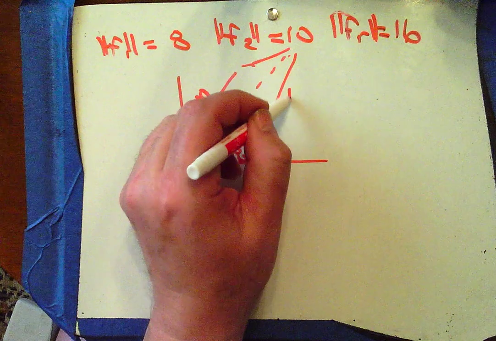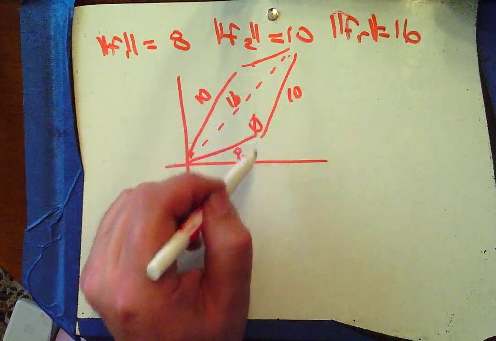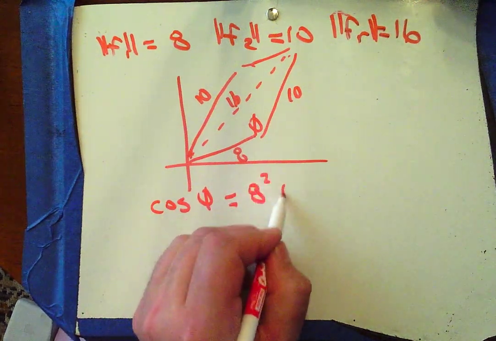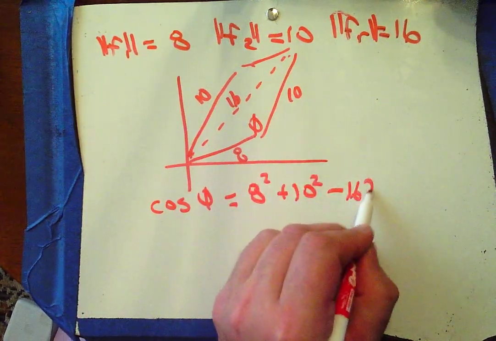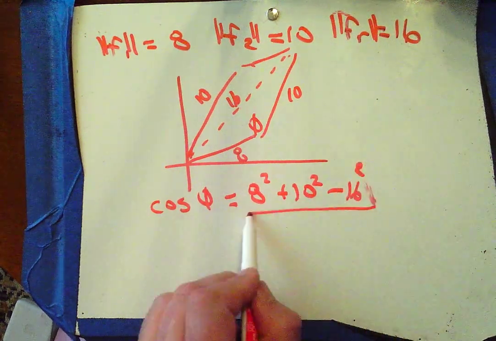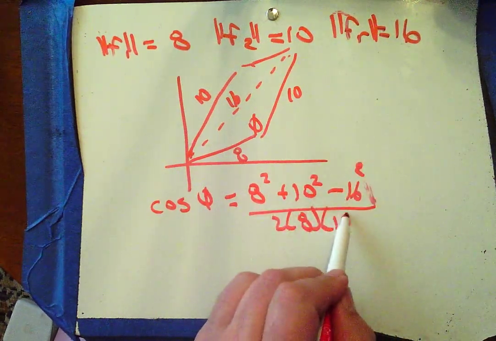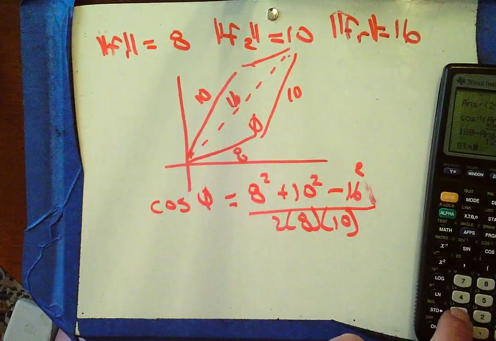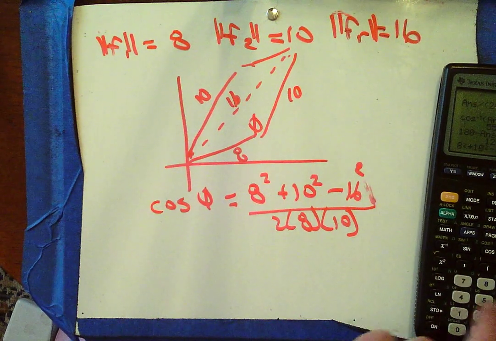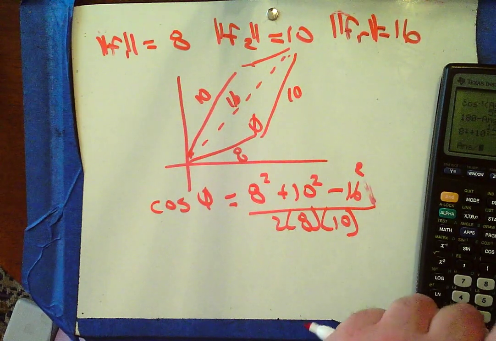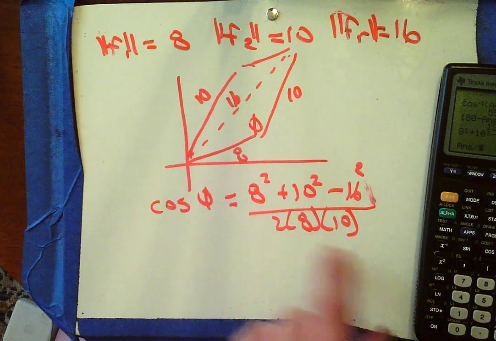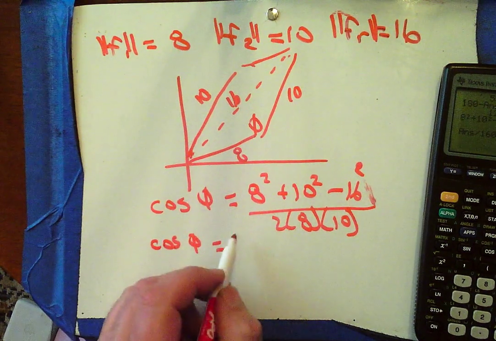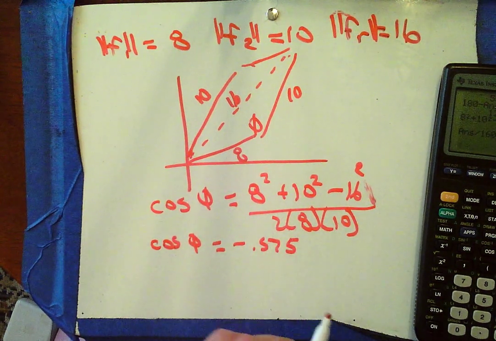These are congruent. I can then find phi by saying that cosine of phi is 8 squared plus 10 squared minus 16 squared all over 2 times 8 times 10. So we get 8 squared plus 10 squared minus 16 squared, and we want to divide that number by 160. And so I get cosine phi equals negative 0.575.